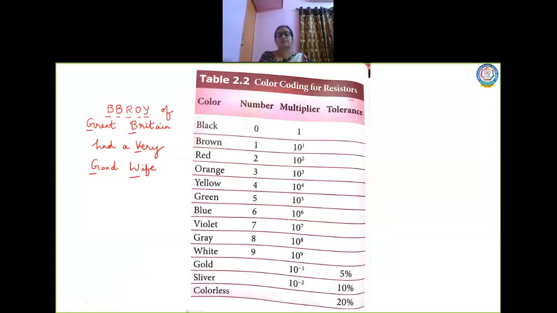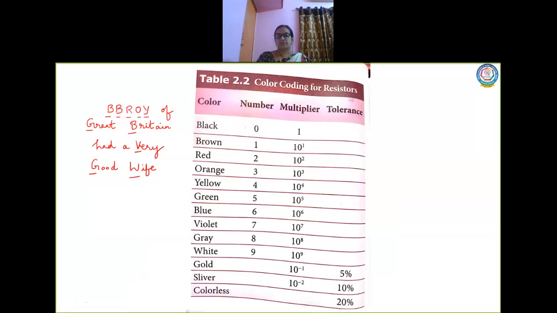Okay, so you have to start from 0, 0 to 9. So this is how the number is written, and each number has a multiplier. Black it is 10 power 0, which is 1, brown it is 10 power 1, then red it is 10 power 2, and up to white it is 10 power 9. Okay, and the last three colors have a tolerance.